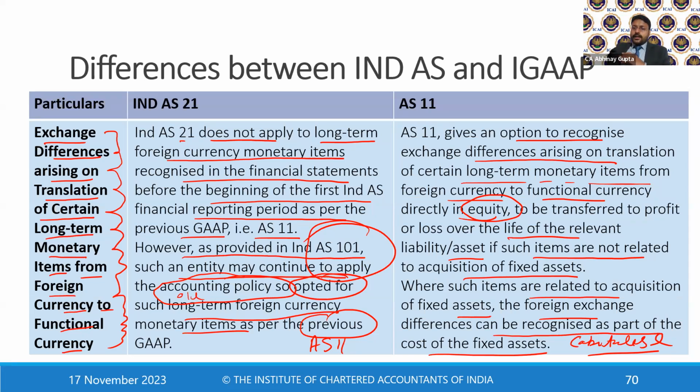And for other liabilities, it will be amortized from equity to the P&L over the life of the liability, but it is not allowed under Ind AS 21. So this accounting policy of AS 11 can be continued on old items if the entity avails the exemption given under Ind AS 101. That's the point here.